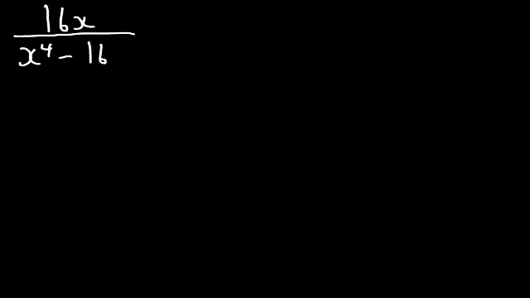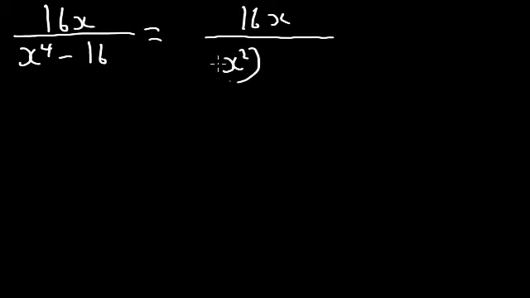The first question: has this problem been completely factorized? No, it is not yet. This is a difference of two squares, as it can be written as 16x all divided by x squared all raised to the power of 2 minus 4 squared, or rather, 4 all raised to the power of 2.